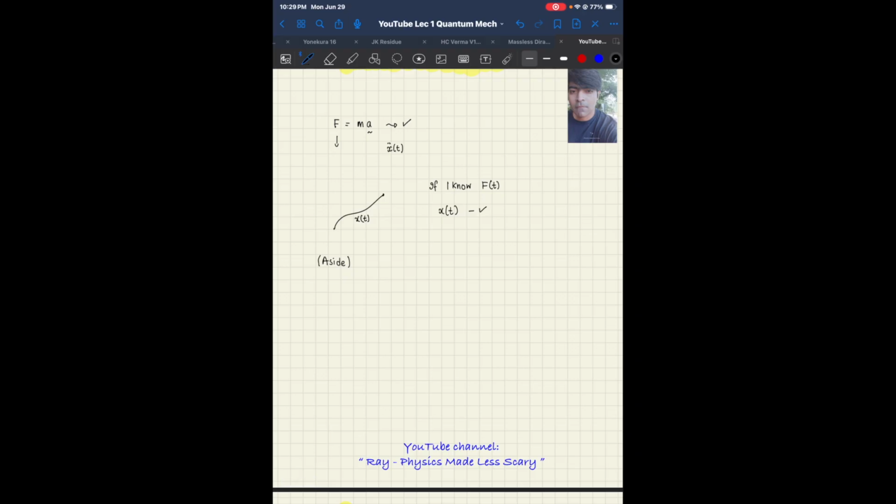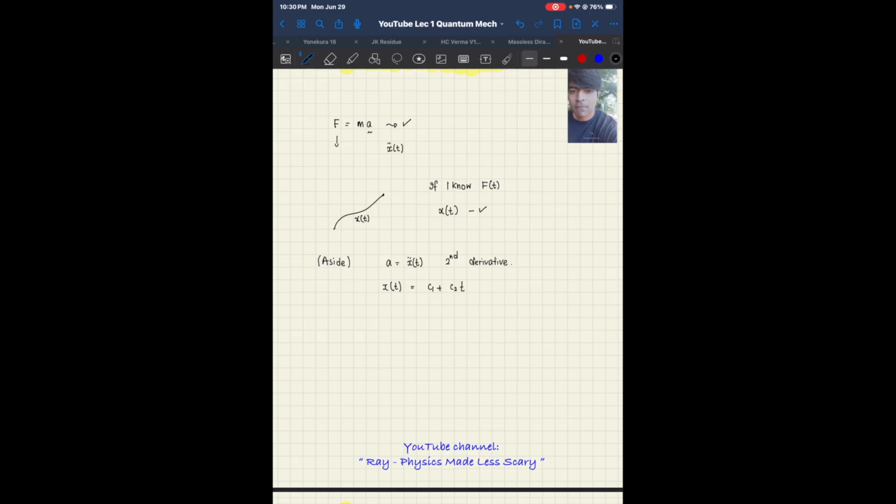So as an aside, since this variable is a second derivative in t, your solution in classical mechanics actually depends on two constants, say c1 plus c2 t.